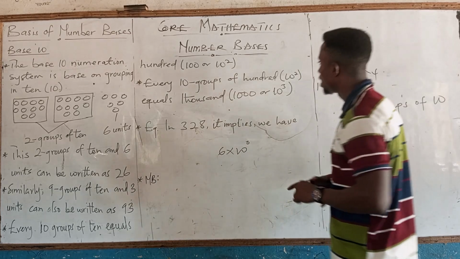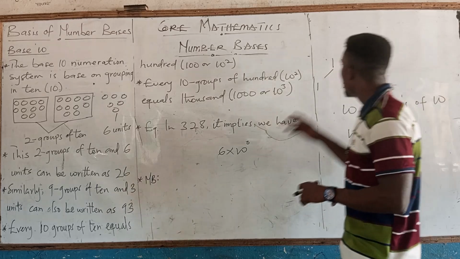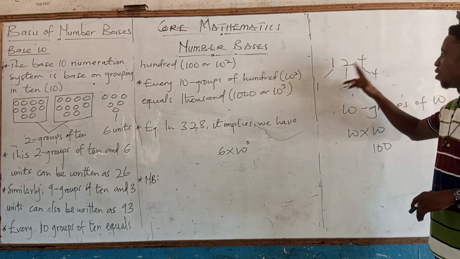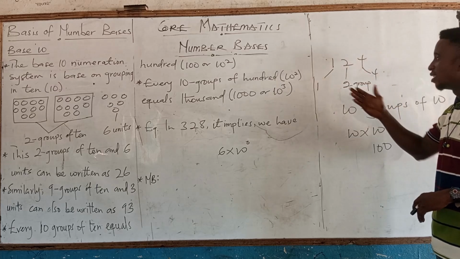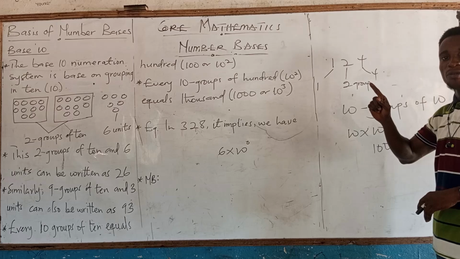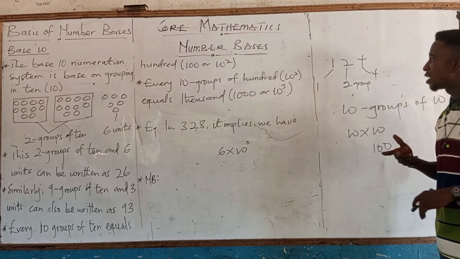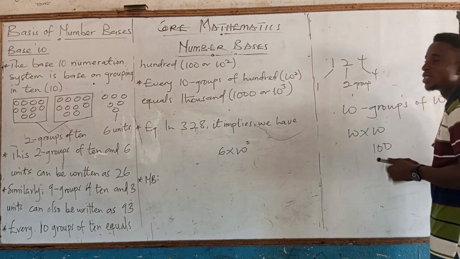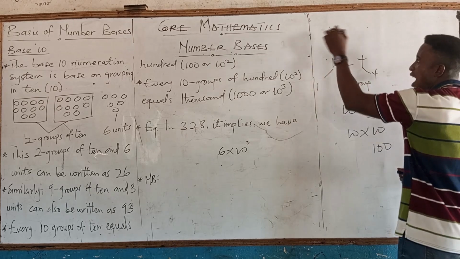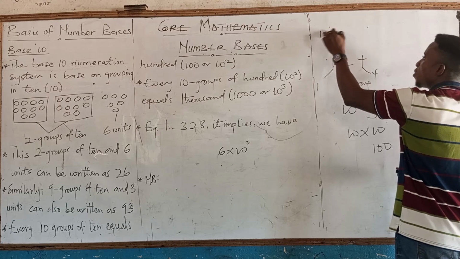Okay, so that is that. So let's see something. I said in this we are having 4 units, then 2 groups of 10. Then here is one group of 100. So when you are being asked to find the total number of this one, we say we have one group of 100, so we need 1 times the 100.